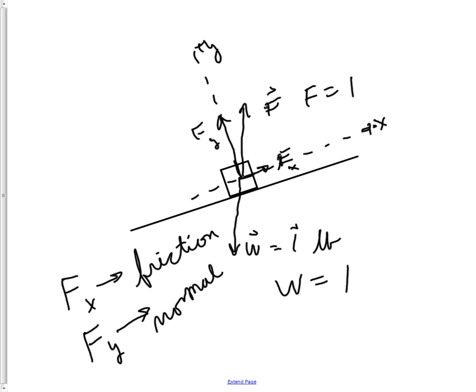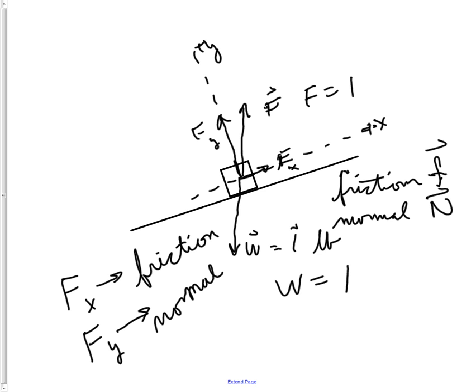Often in problems, I will denote friction by a small f. That will be the frictional force. And I will denote normal by capital N. Those are sort of standard notation for frictional force and normal forces.